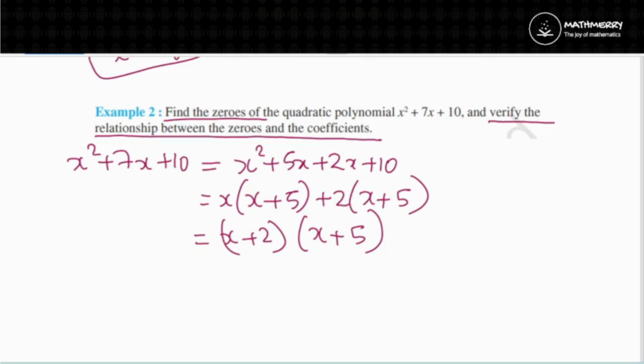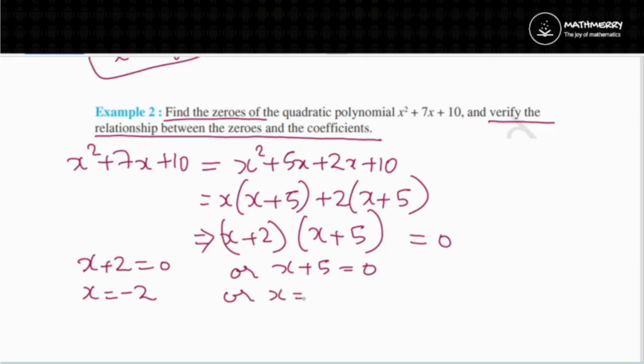If we equate this to 0, then either x plus 2 is equal to 0 or x plus 5 is equal to 0. So either x equals minus 2 or x equals minus 5.